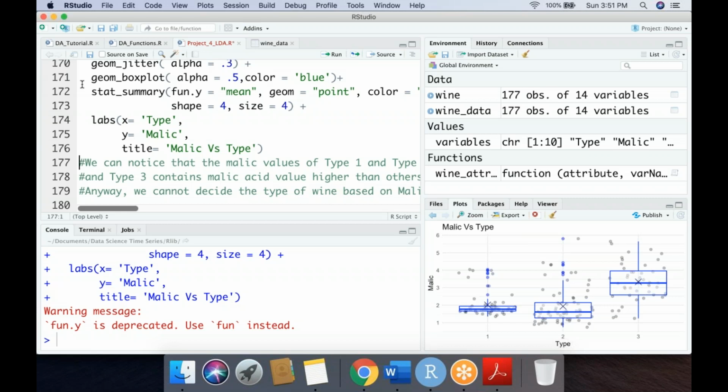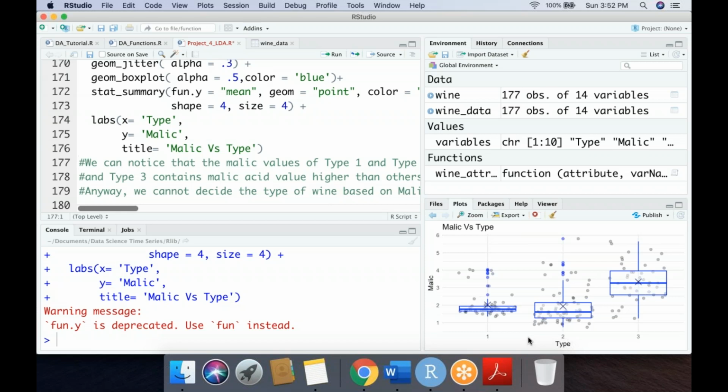But for type 1 and type 2, it's a bit overlapping, and we can see there are some outliers also. The range for type 1 is very narrow, for type 2 it is wide, and there are some outliers coming in pertaining to the Malic parameter in type 1 and type 2, correct? Yes.